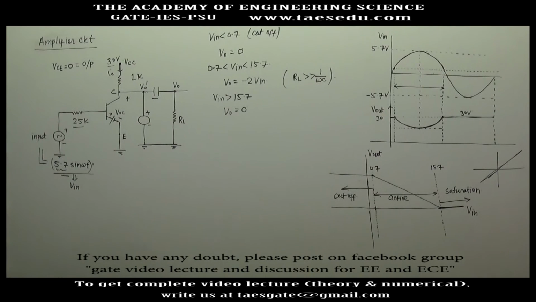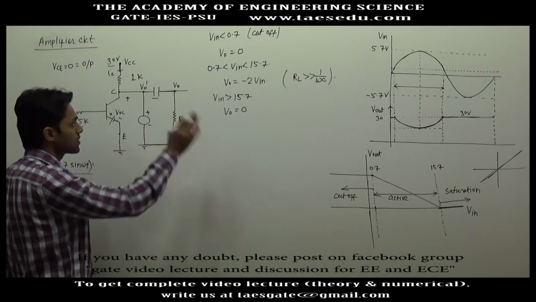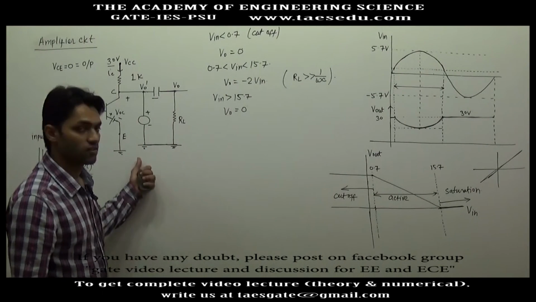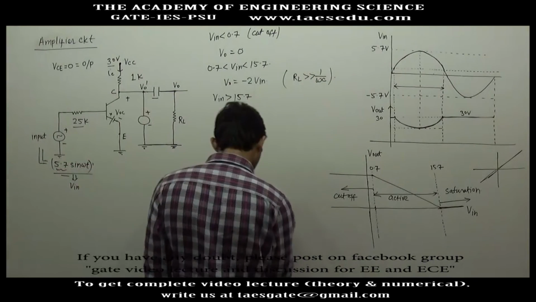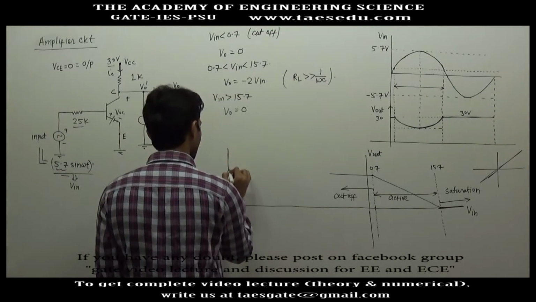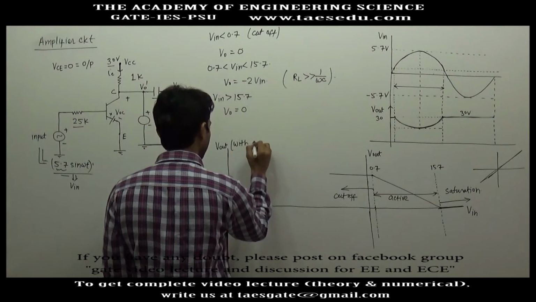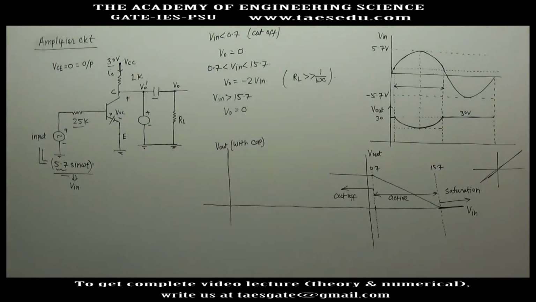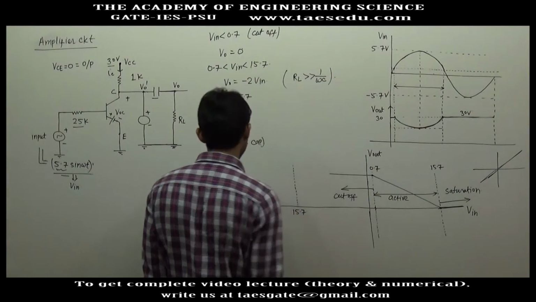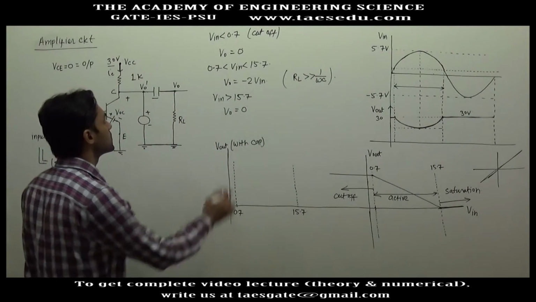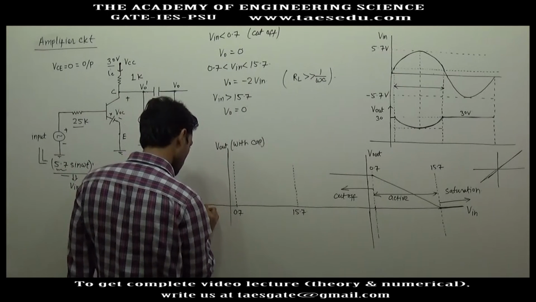So after connecting the capacitor, now let us draw the transfer characteristic of this circuit. Here we have V output with capacitor. When input is less than 0.7 volt, output is constant at 0.